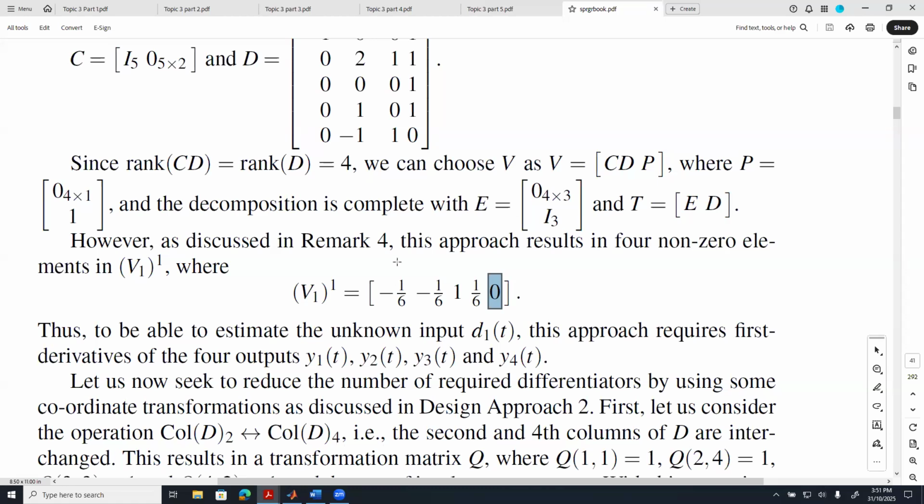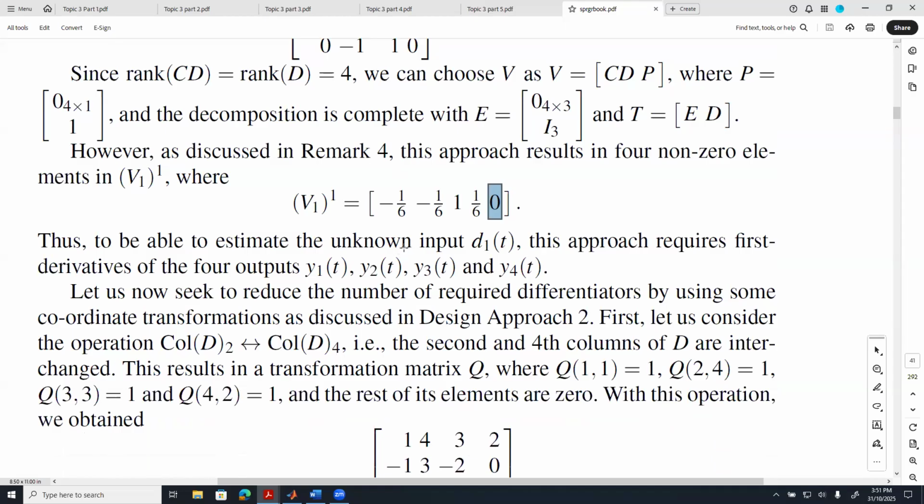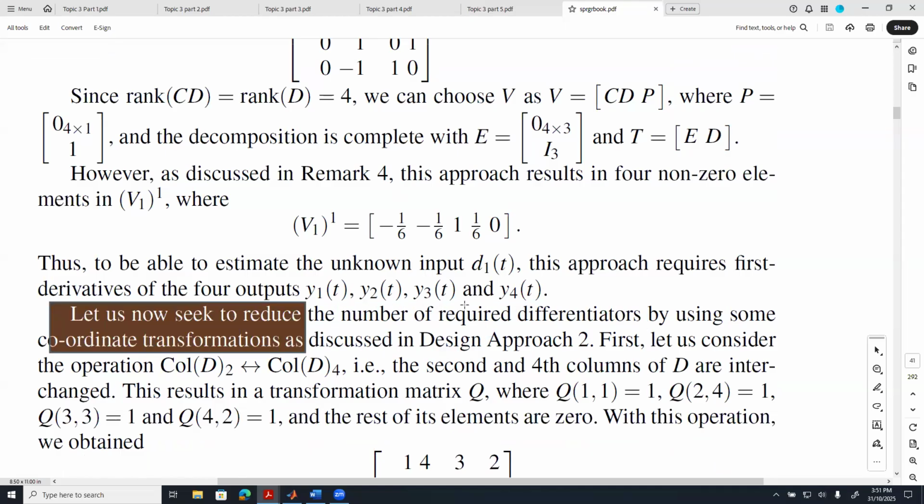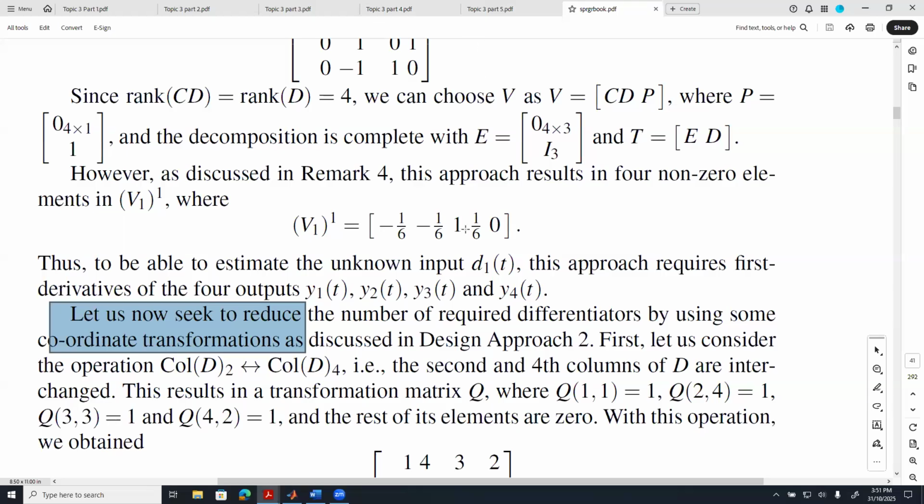The question is, can we go even lower? We're going to seek to reduce the number of required differentiators by using the coordinate transformation which we discussed previously.